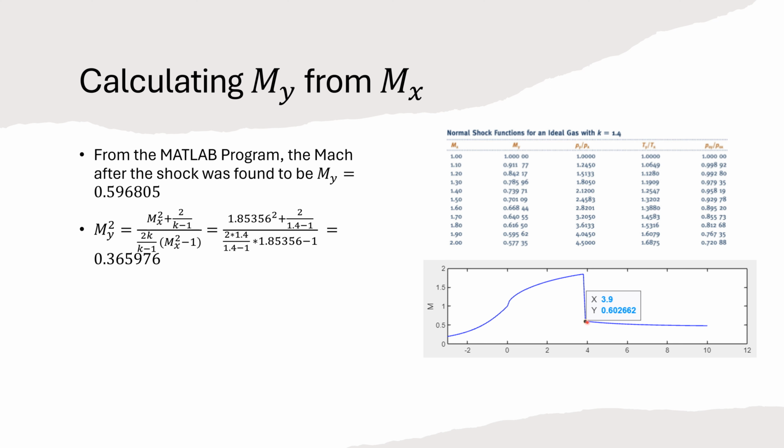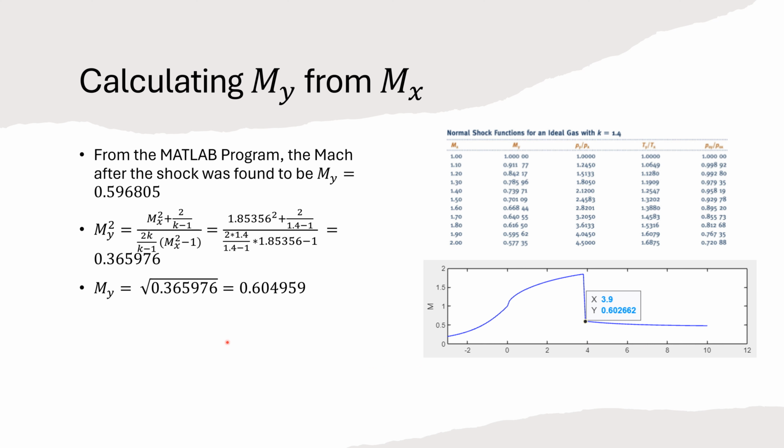The first approach is using an equation and solving directly. We found Mx from the previous slide, and plugging this in as well as the k value, which is 1.4, we can get My squared equals 0.36 roughly, and then taking the square root of that to get My, we get around 0.60959, which is roughly close to this value right here.